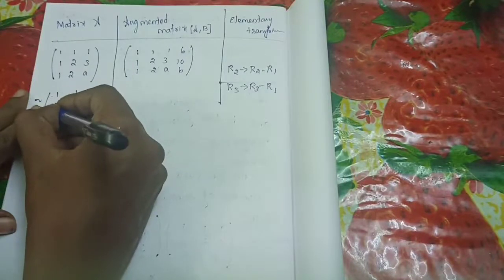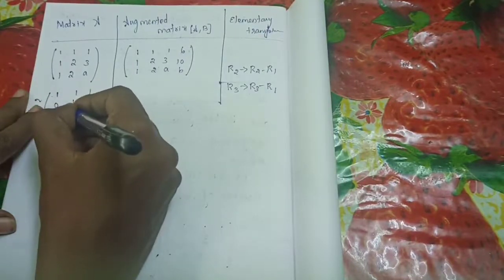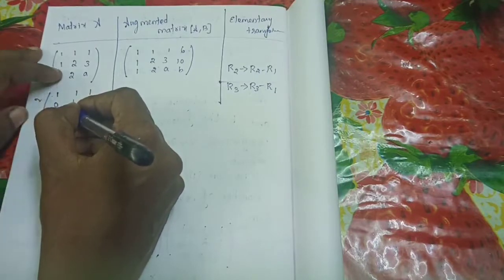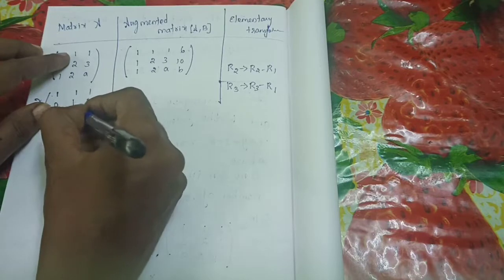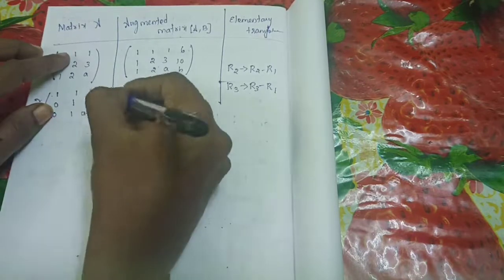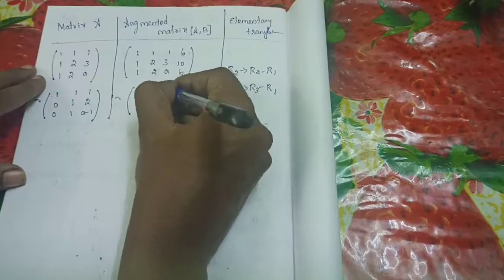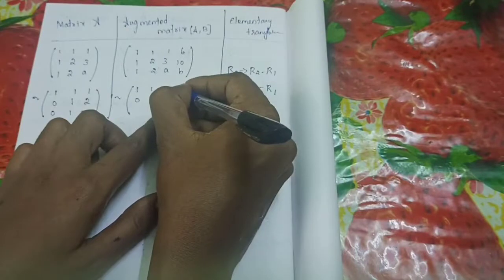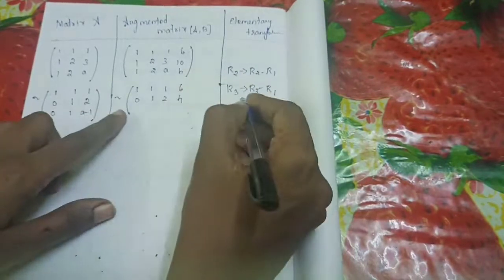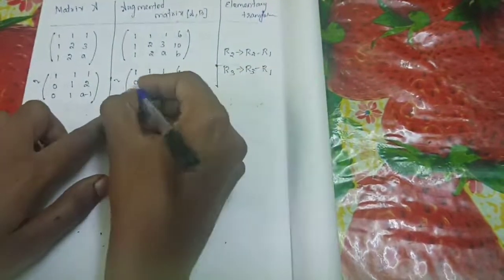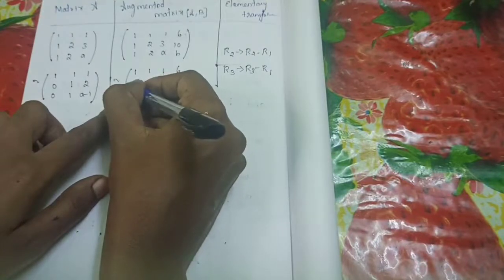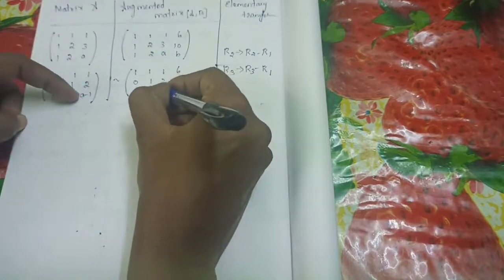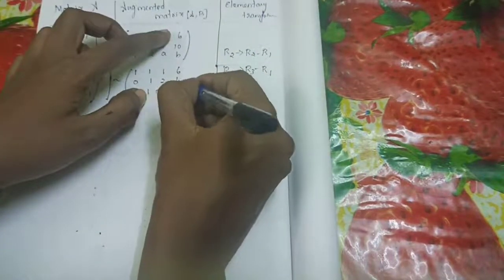So R3 minus R1 means 1 minus 1 is 0, 2 minus 1 is 1, next a minus 1. Same as here also: 1, 1, 1, 6; 0, 1, 2; R2 minus R1 gives 10 minus 6 is 4. Here R3 minus R1 gives 0, 1, a minus 1, and b minus 6.